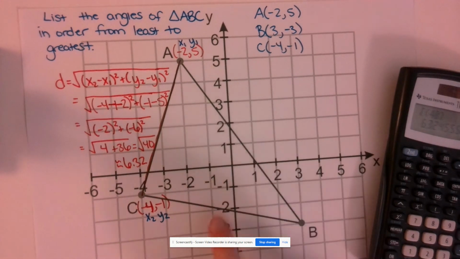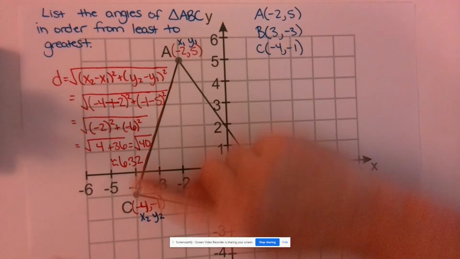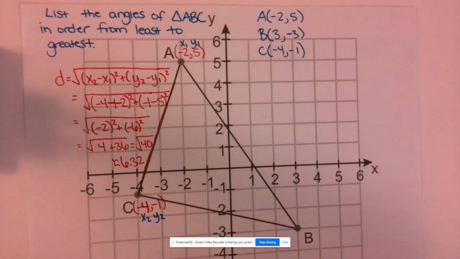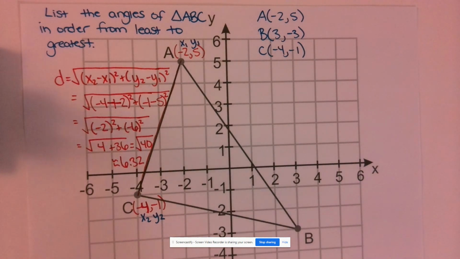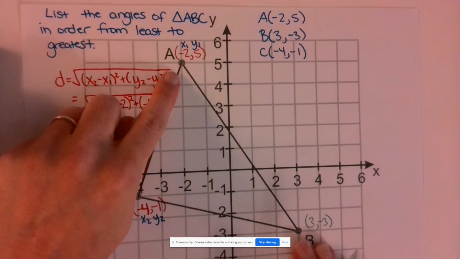You would do the same thing for the other sides. So I've shown you how to use the distance formula. I'm going to do these two sides a little bit quicker. So I'll find the length of side AB.